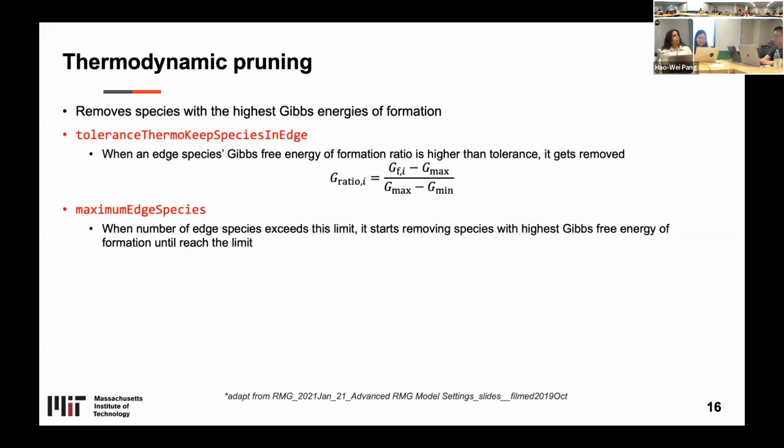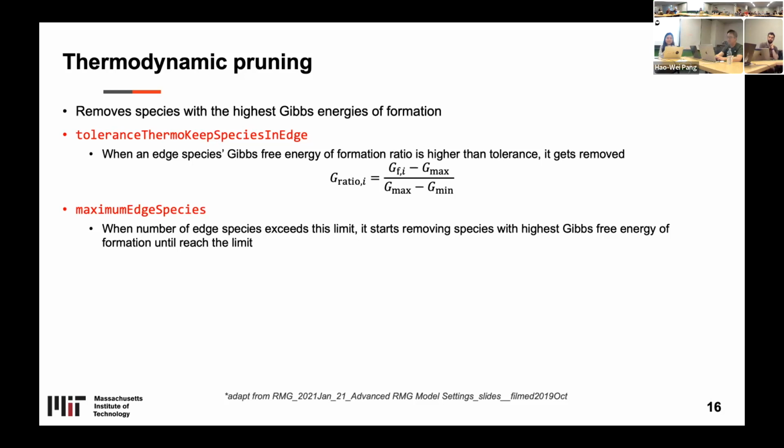And we're going to look at thermal pruning. So thermal pruning, the basic idea is that you remove species with high Gibbs free energy of formation. You use this tolerance thermal keeps species in edge. Basically, it compares the new edge species to the Gibbs free energy of formation of all the species in the core.